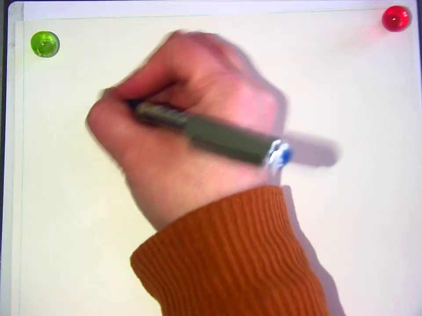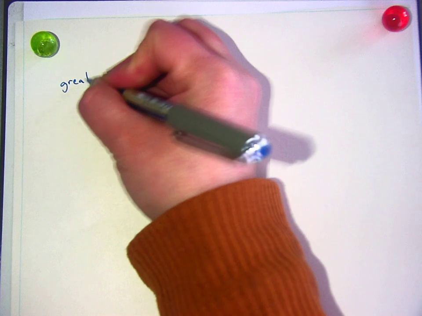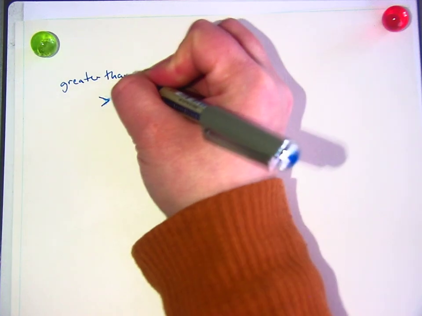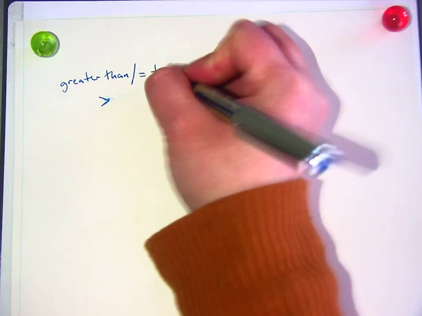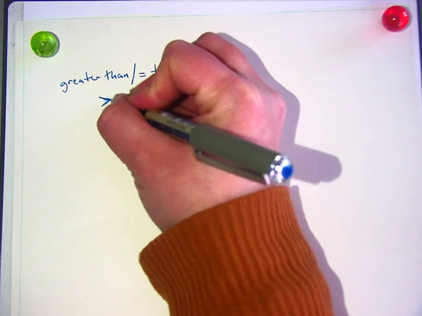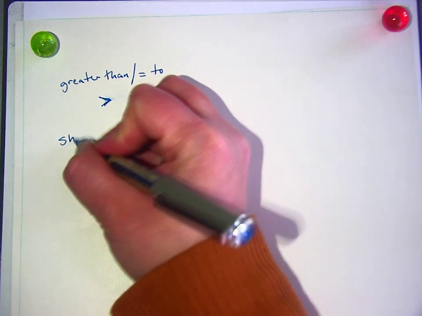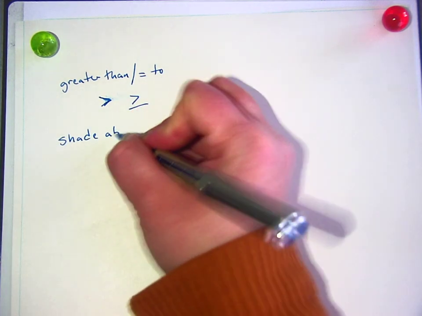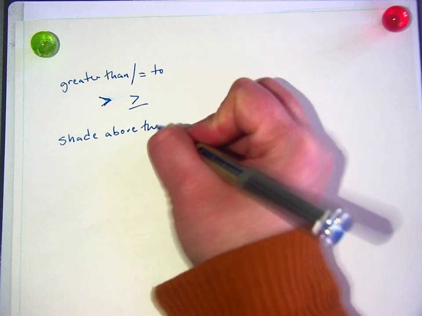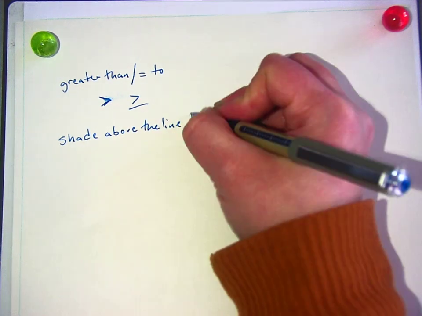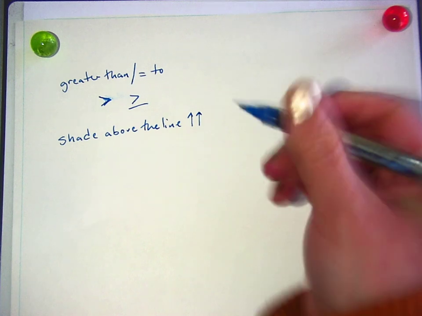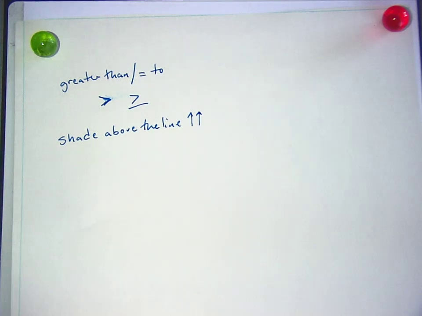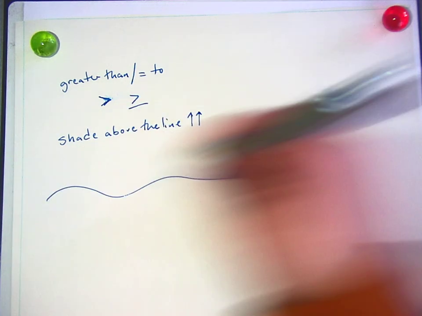You're going to write if it's greater than or greater than or equal to, you shade above the line. As in, if you draw arrows straight up, that's the way you shade. They have to be vertical arrows.